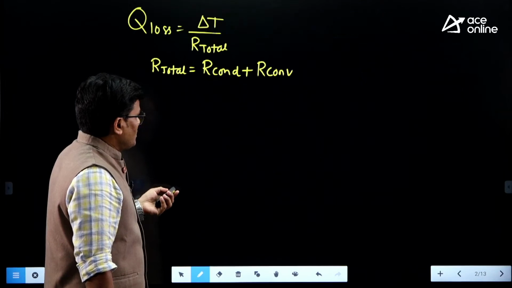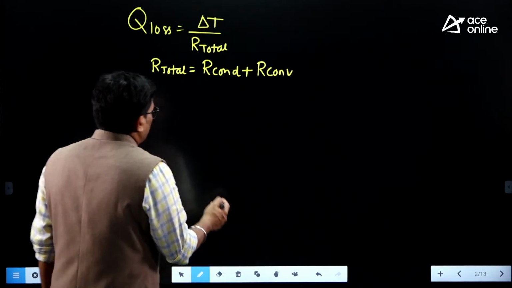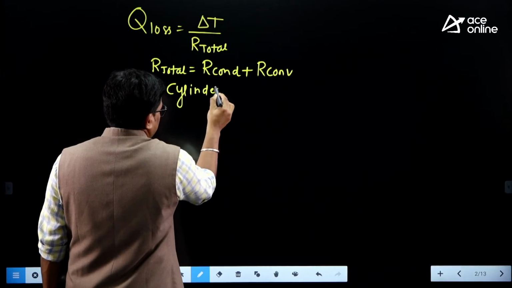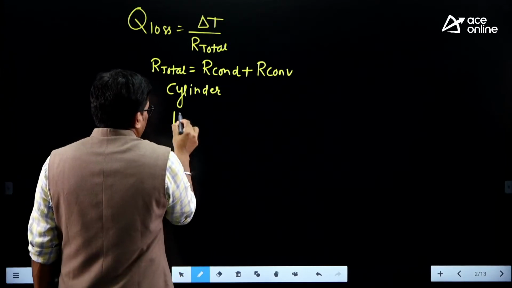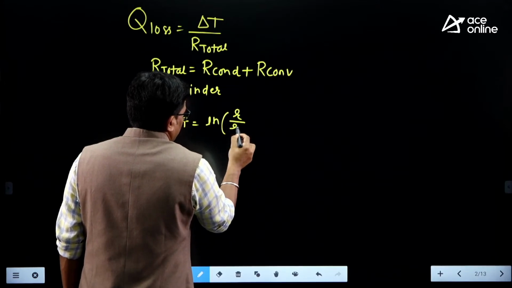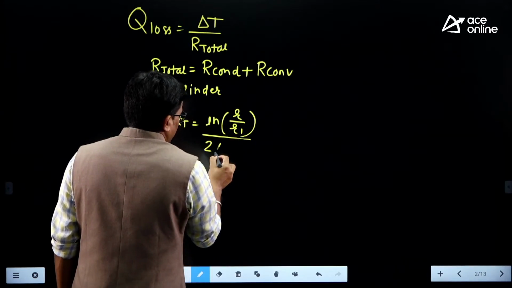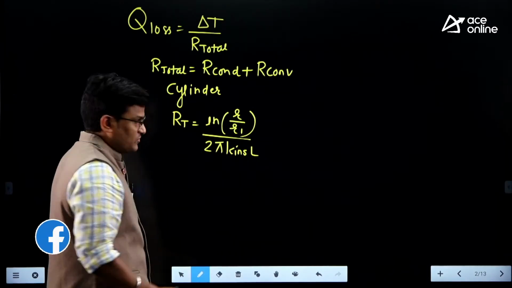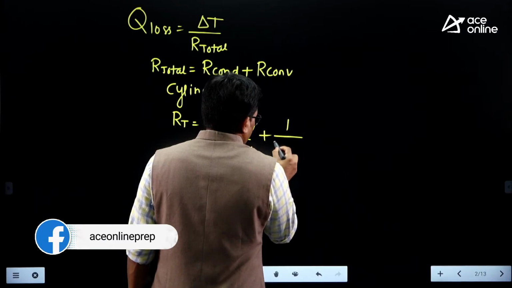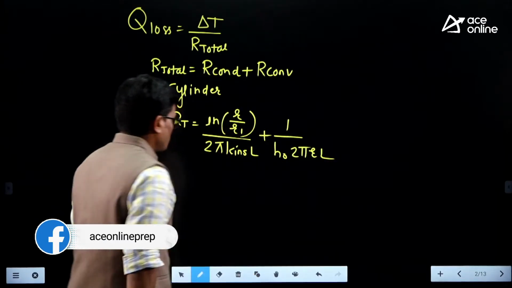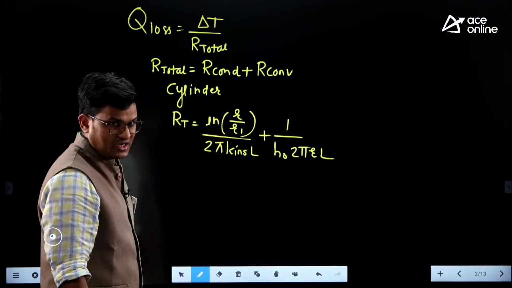Okay, now what you need to do, suppose it is a cylinder, then this total resistance is ln(R/R1) by 2 pi K insulation into L, plus 1 by h outside 2 pi R L. So this is the resistance in case of a cylinder.